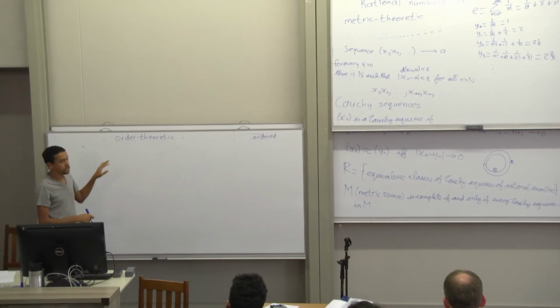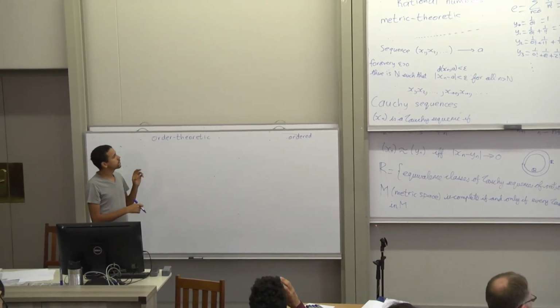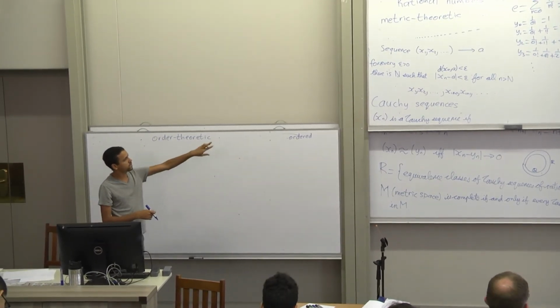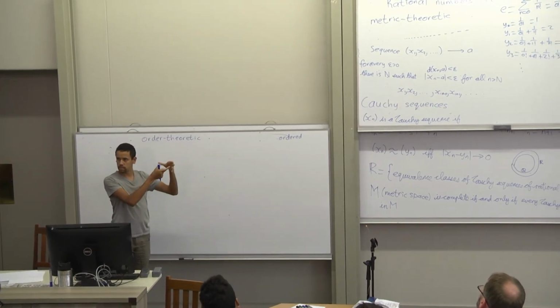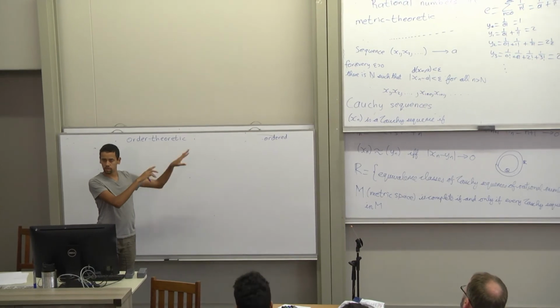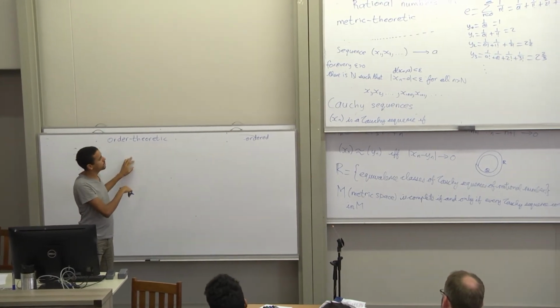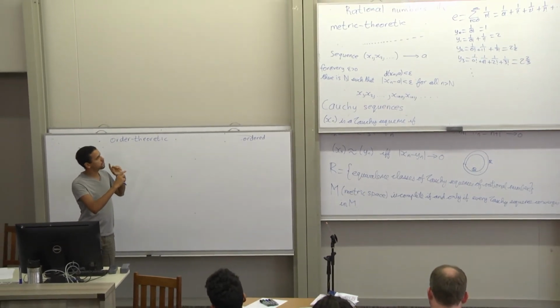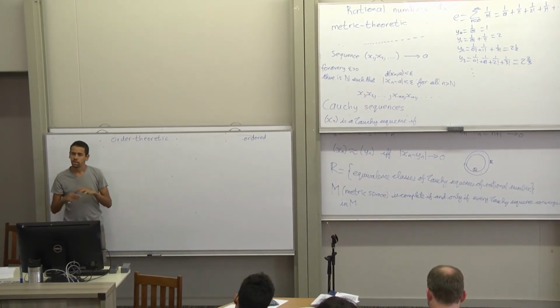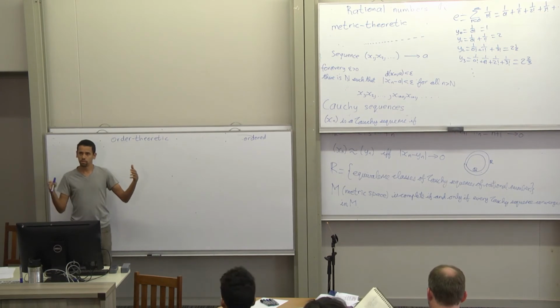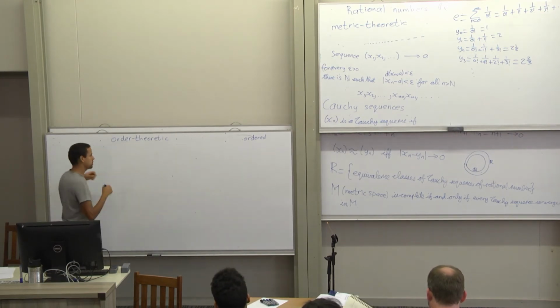Now the order theoretic way of doing it. Previously you considered the distance between numbers, and when does the distance get small and so on. The order theoretic way, you consider the rational numbers as an ordered set, the fact that there is actually a given order between the rational numbers.